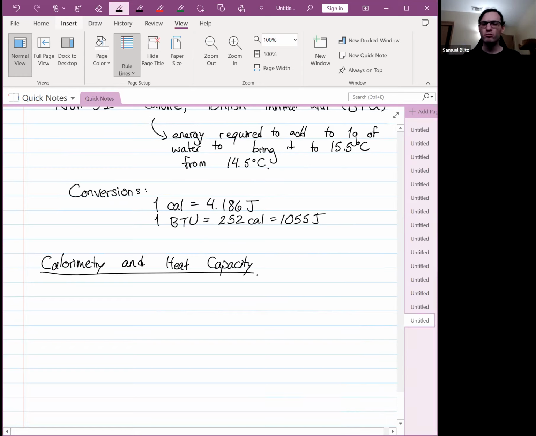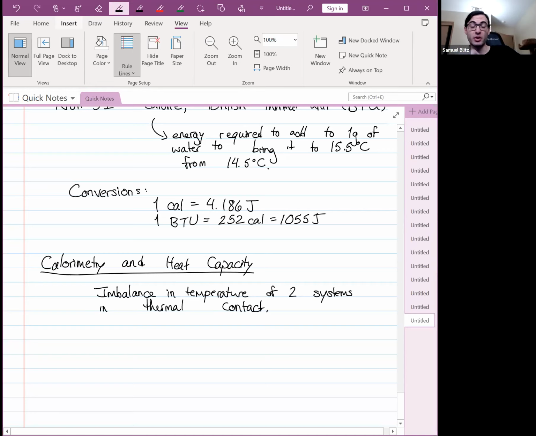So in general, if you have two things that are different temperatures, i.e. if there's an imbalance in temperature of two systems that are in thermal contact, well, we know that there will be energy flow because they are in thermal contact, but their temperature is different, so they are not in thermal equilibrium.